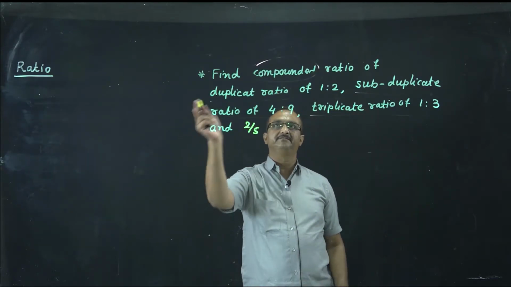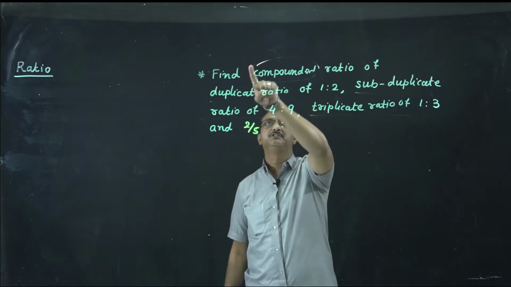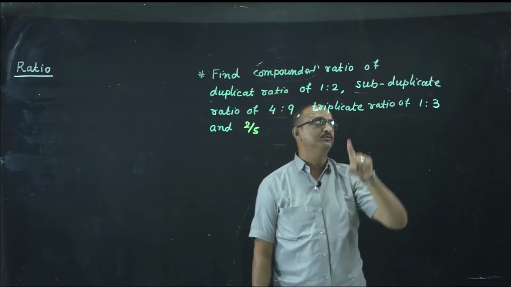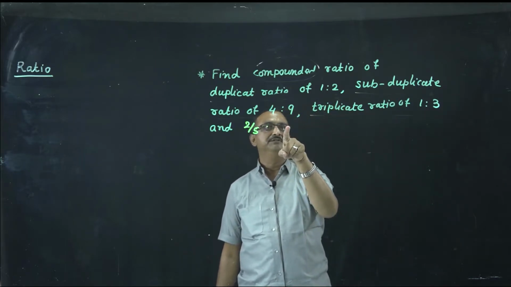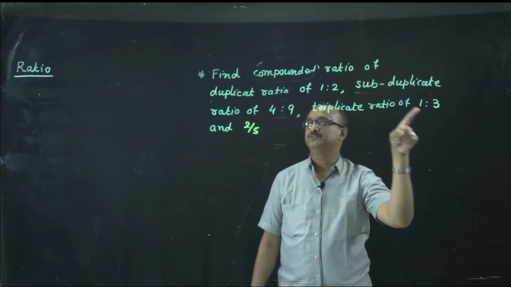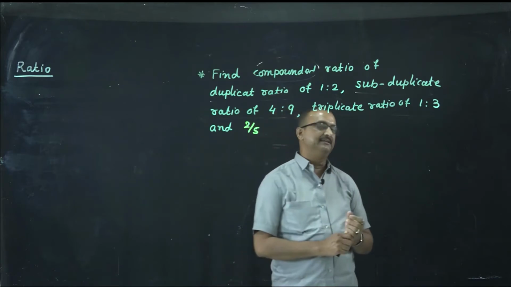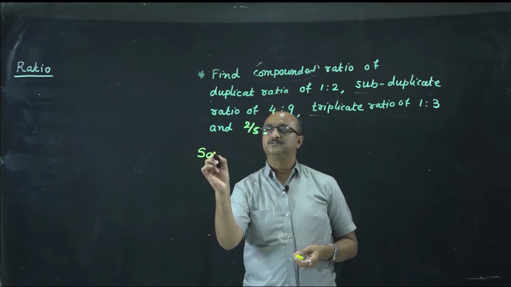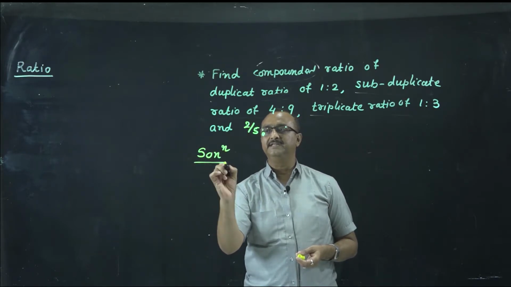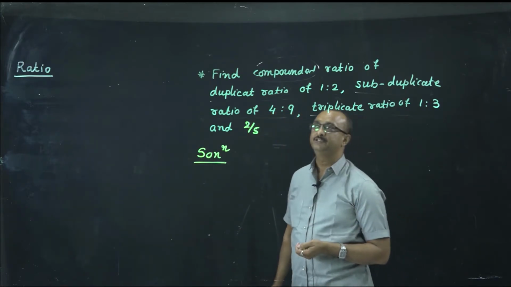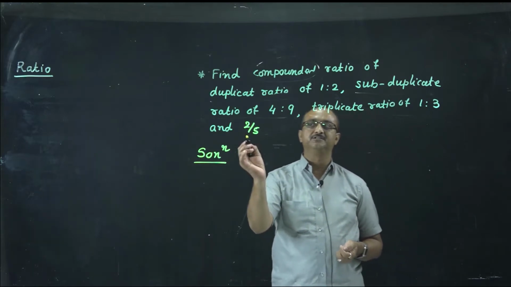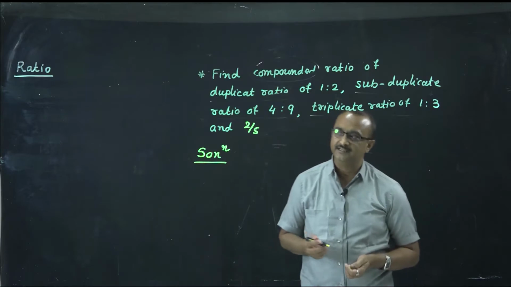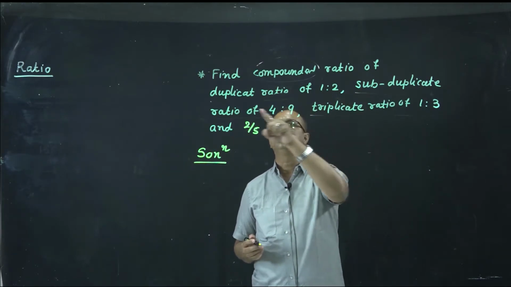Okay, now in the previous question, our question was to find the compounded ratio of duplicate ratio of 1 is to 2, subduplicate ratio of 4 is to 9, triplicate ratio of 1 is to 3 and 2 is to 5, or 2 by 5. So I am changing only one word in the previous question. Instead of inverse of 3 is to 4, I am putting only 2 by 5. Now we are solving this question.